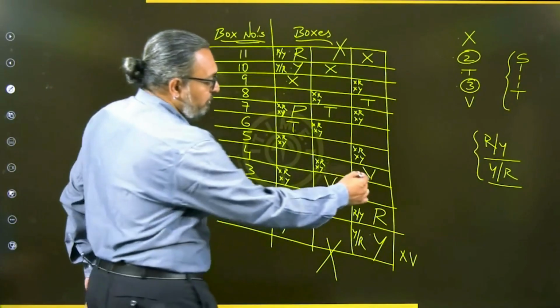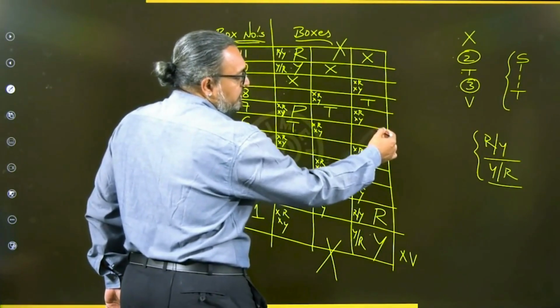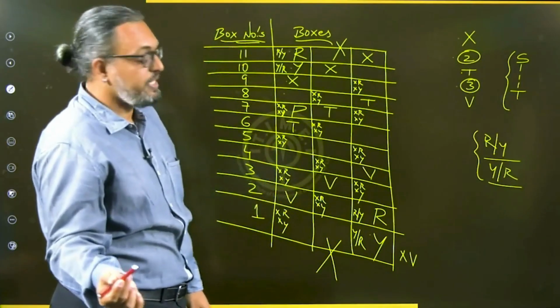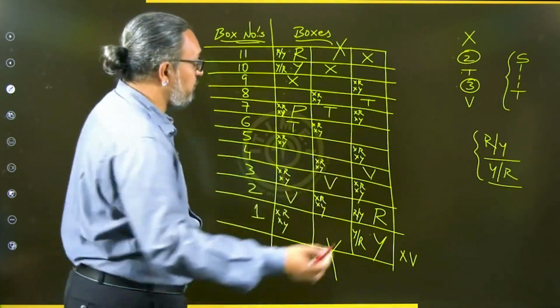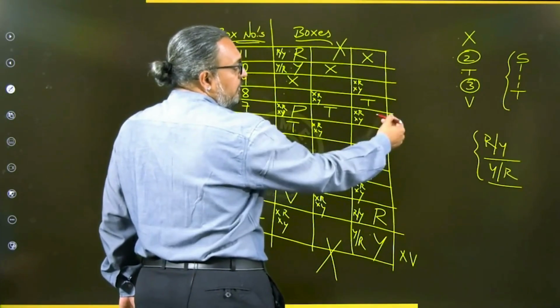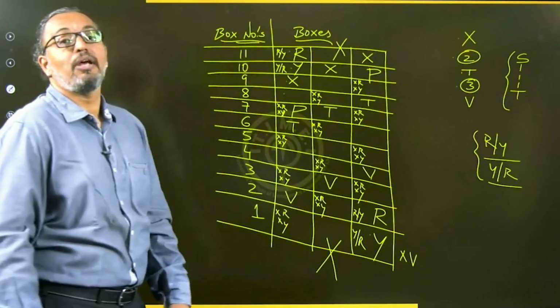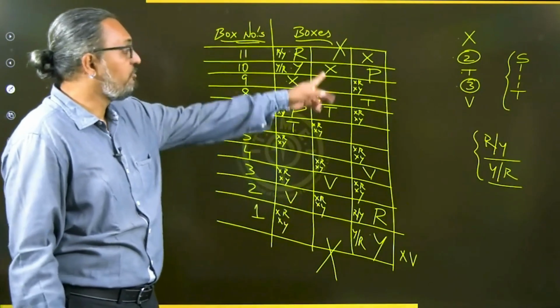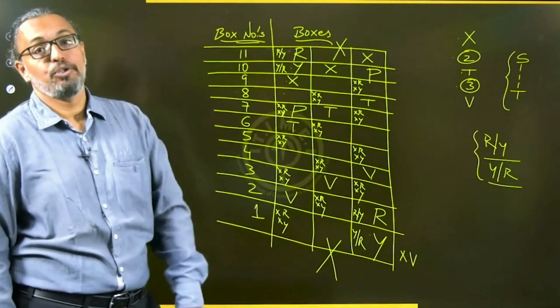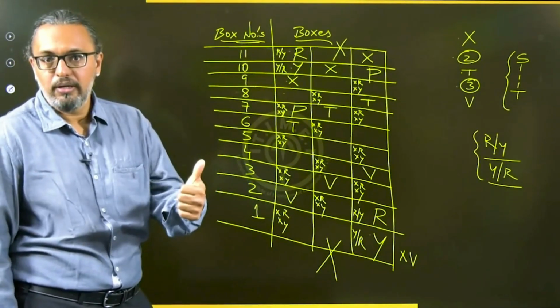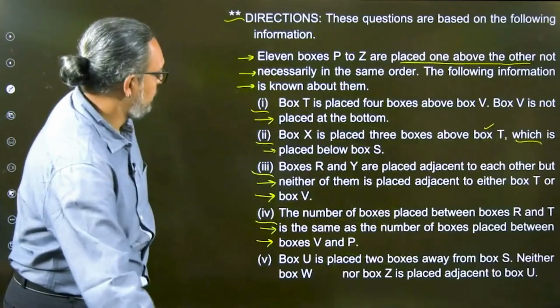Correct? Now between R and T how many are there? 3 plus 2, 5 boxes between R and T. That means between P and V also 5 boxes. So, above only I should check 3 and 2. Now, you can have P in the 10th position. That's how we can fix R and Y as well as P also. Understood the point? Correct? Right.